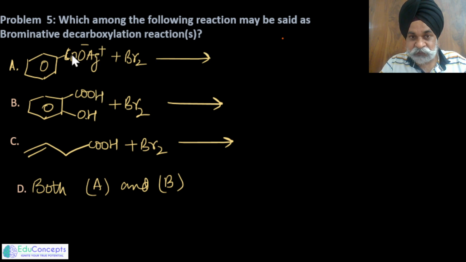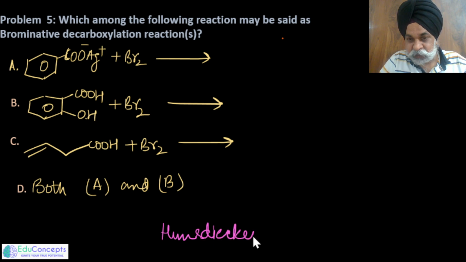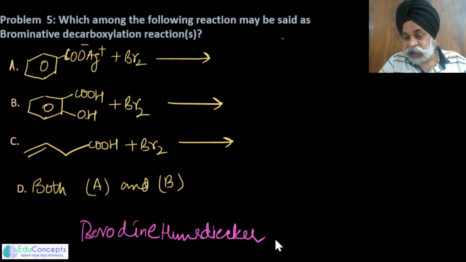So the first reaction, which is a very popular one, is the Borodin-Hunsdiecker reaction. If you could remember, the Hunsdiecker reaction is a reaction which we happen to see in the preparation of bromoalkanes or bromobenzene.